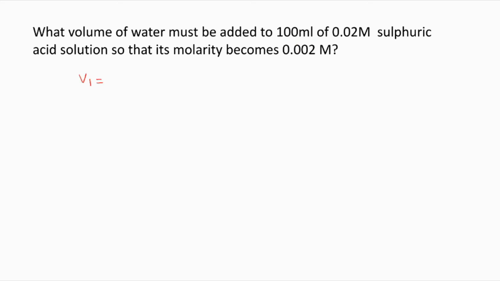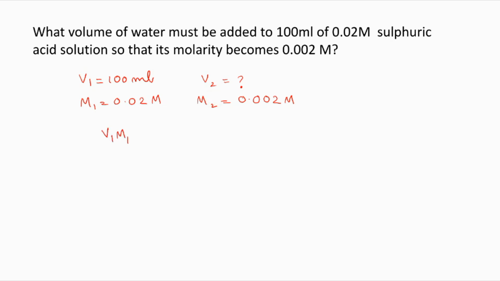V1 will be equal to 100 ml. Correct. What about the molarity of that solution? That will be 0.02 molar. Now, what is the required molarity of the final solution? M2 should be equal to 0.002 molar. From this, we can calculate V2.